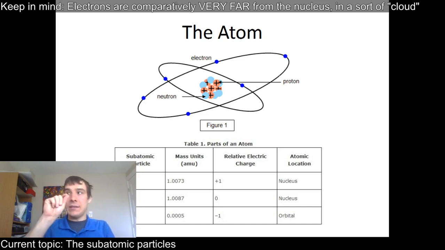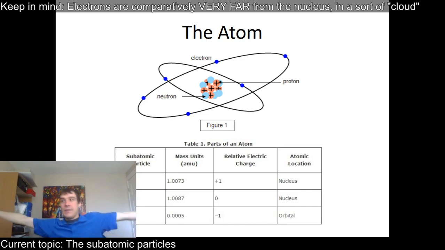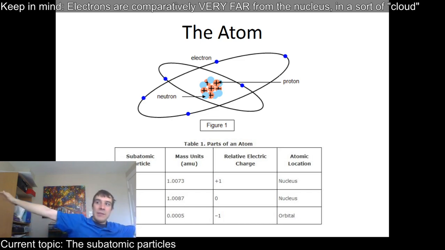So you've got the nucleus, then 9,000 nucleuses worth of empty space, and then the outermost electrons. It's like, if the electron was on the end of my arm, the nucleus would be the width of one of my hairs.